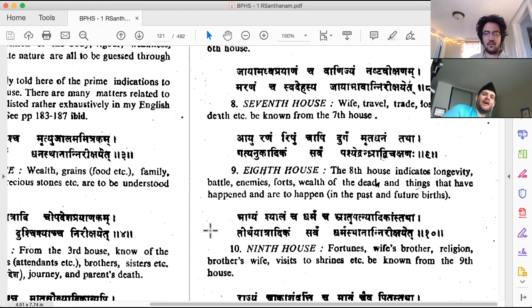We come to the second Dushtana, and when you analyze the Dushtanas, they all have their quirks. The 8th is probably the most intense house. The 8th is like an infinity stone. It's very powerful, but it depends who wields it, right?